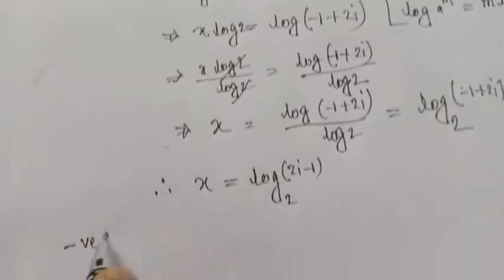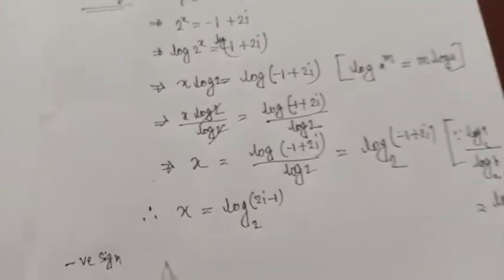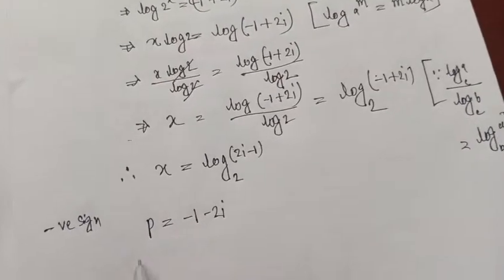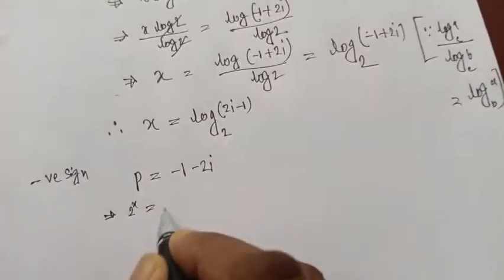If we take the minus sign, then it is equal to minus 1 minus 2i, that is 2 to the power x is equal to minus 1 minus 2i.